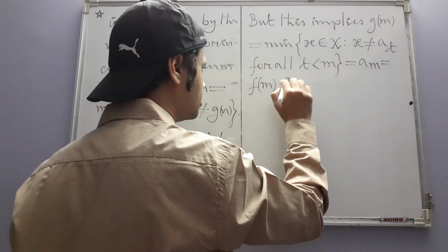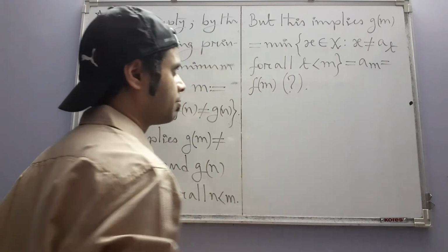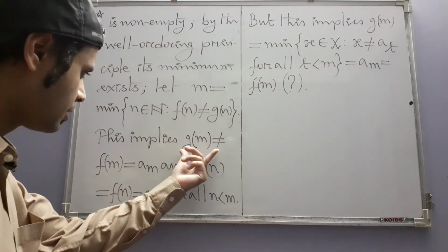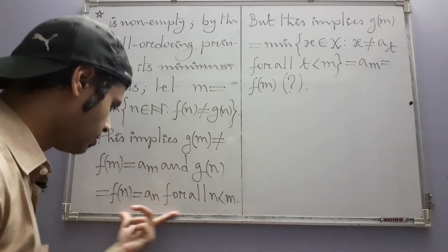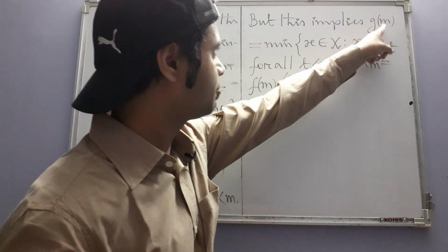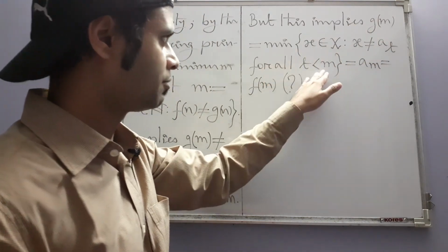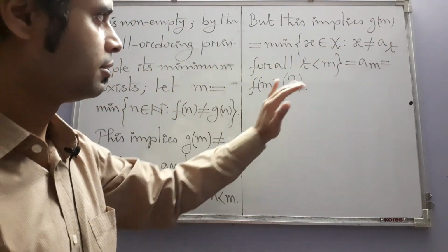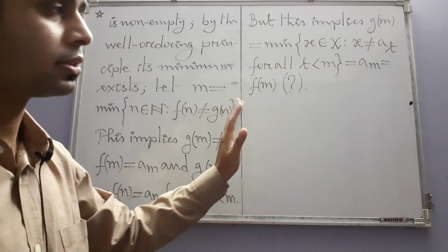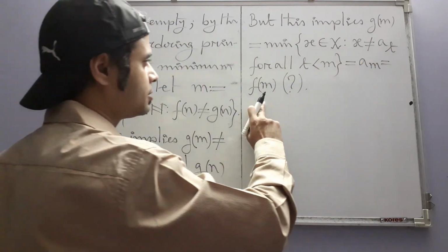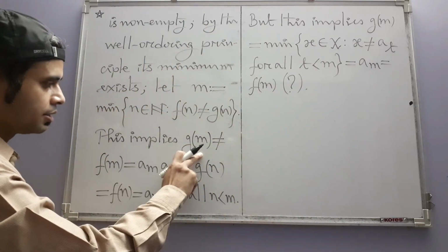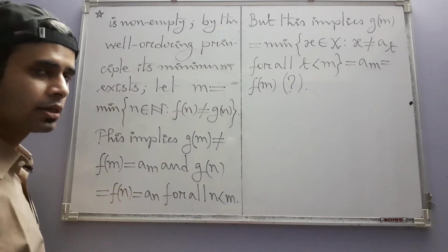But the question is how? How do these conditions, not this one of course, but these conditions imply that g of m should be equal to the minimum of this set? That is the question. But these equalities, of course, we understand. So this is in direct contradiction with this one, g of m is not equal to f of m.